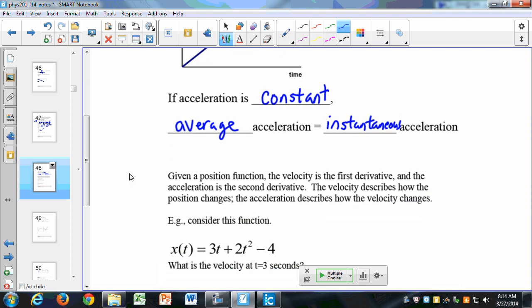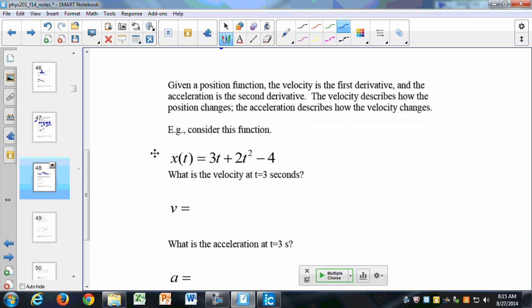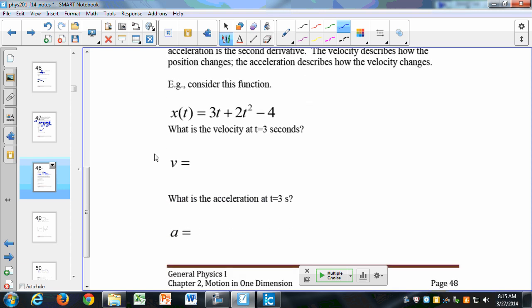All right, let's try working with this function. Here's a position function. As we said, the velocity is the first derivative of position. The acceleration is the second derivative. I want to know, for this function, what is the velocity at t equals 3 seconds. So I want you to go ahead and try taking the derivative of this.